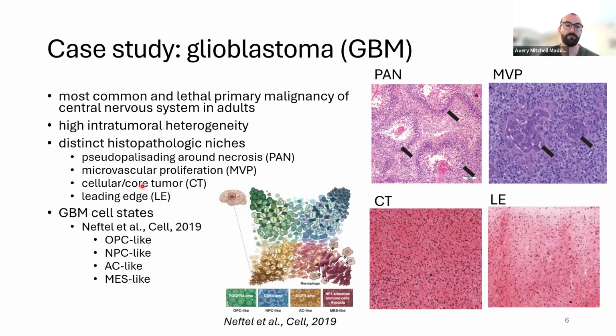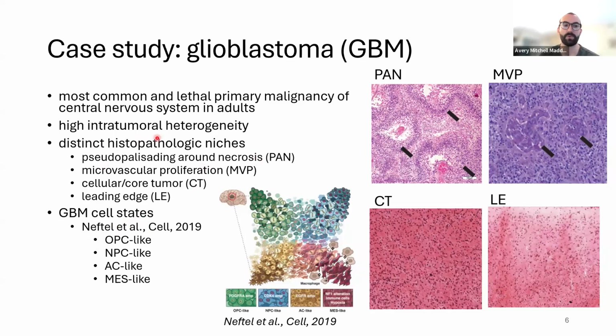We also have regions of microvascular proliferation, where we see new vessels forming within the tumor. The highly cellular tumor core, which is just a bunch of tumor cells overgrowing within the tumor. And then we also have the leading edge, where our tumor cells are invading the adjacent normal tissue.